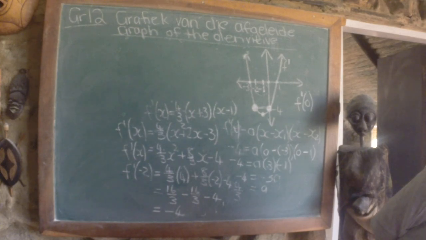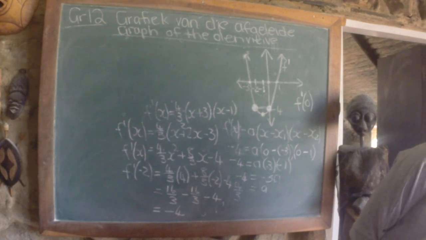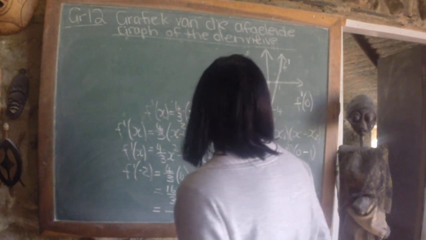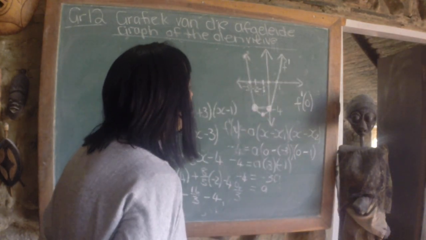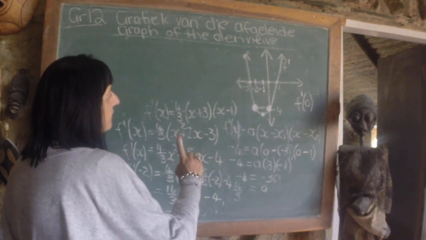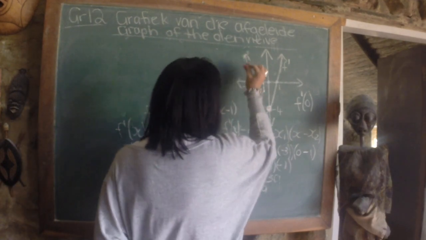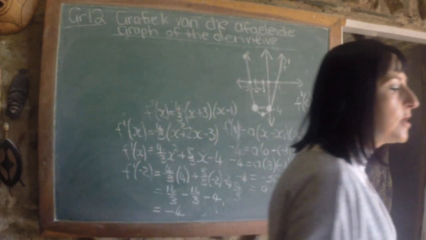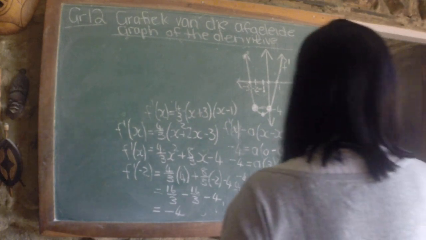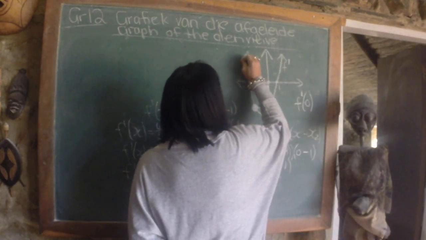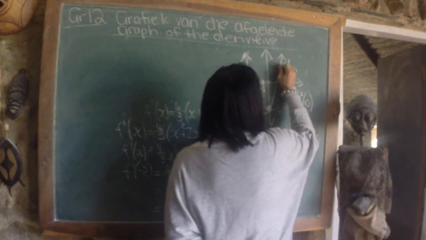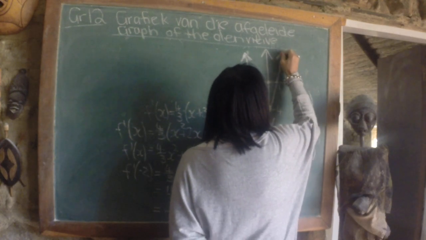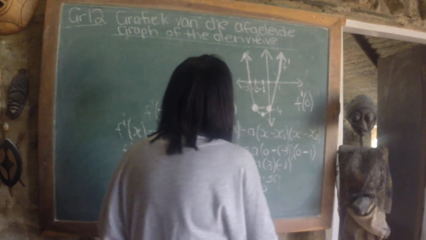Now, the next question, vir watter waardes van x is f stygend? Die oorspronklike funksie, waar styg hy? So remember the derivative, where the derivative is positive, the original function must be increasing. So waar styg die oorspronklike funksie?